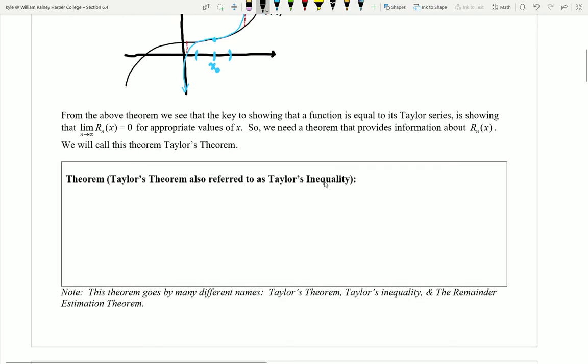It's sometimes also referred to as Taylor's inequality, and it's got somewhat of a complicated sounding statement, but what we'll see is that it's actually very similar to some statements that we've seen in the past. So here's what it says.